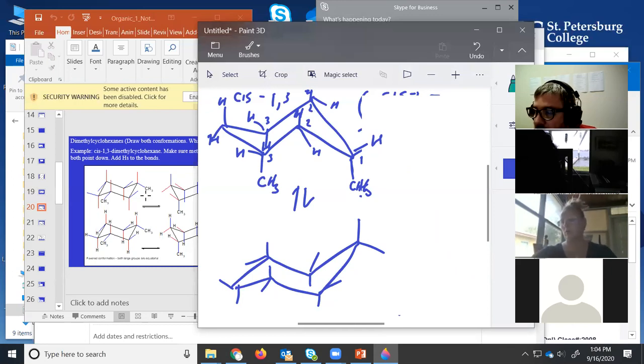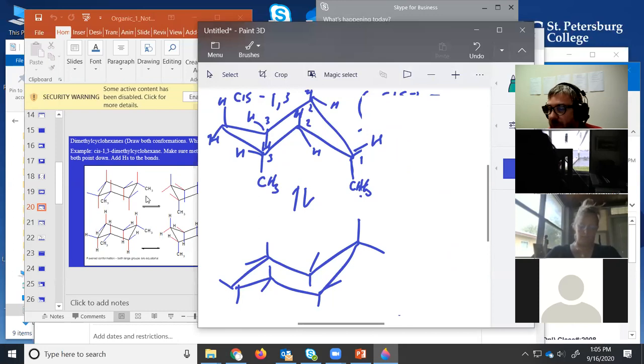Okay, then what would happen is that they would both be equatorial then. They couldn't both be axial? Well, it doesn't really matter where you put the methyls as long as you put them both pointing in the same direction, because it's supposed to be cis. You have to be both pointing down or both pointing up.